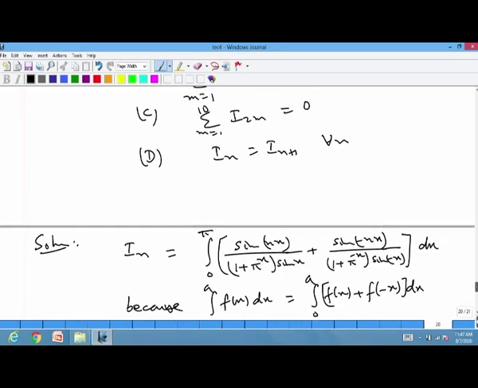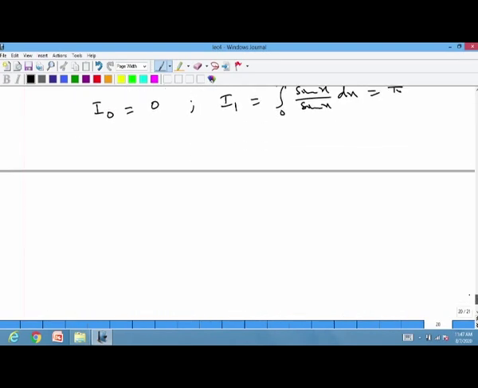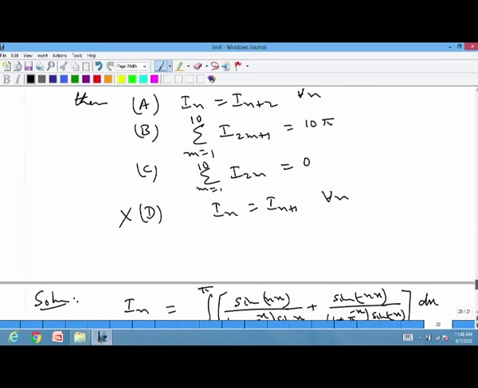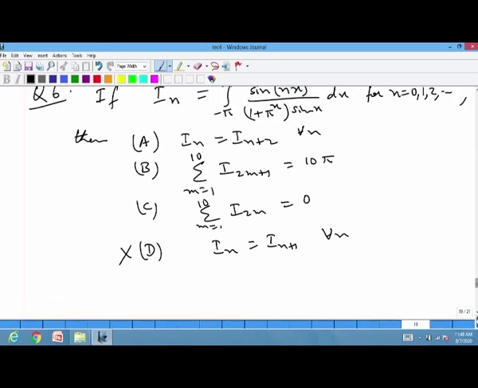So, clearly this shows that I n is not equal to I n plus 1 for n equal to 0. So, option D is wrong, since I 0 is not equal to I 1. Now, let us compare I n plus 2 with I n.